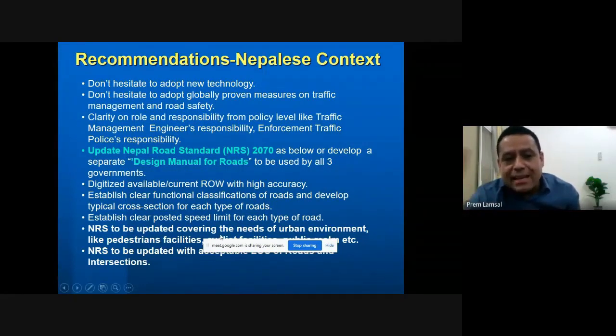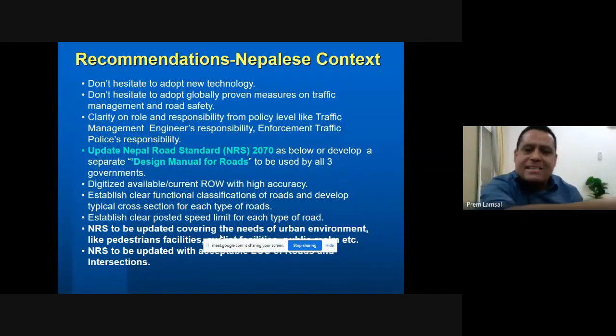The next one is to establish a clear functional classification of the roads and develop typical cross sections. For example, if it is a local road, what should the cross section be? If it is a collector, like this. All typical cross sections have to be developed. So if any engineer is building a road, for example in Dhangadhi, or somebody is building a road in Japan, they can use that standard.